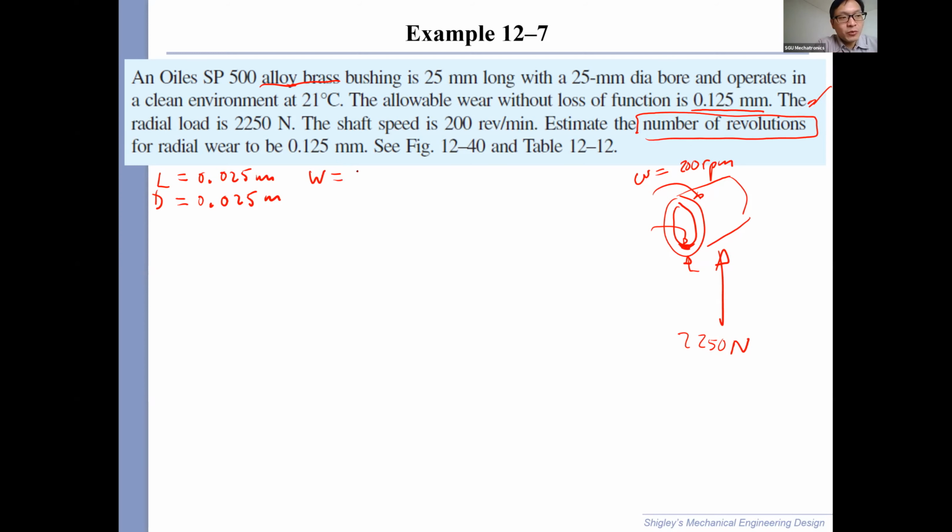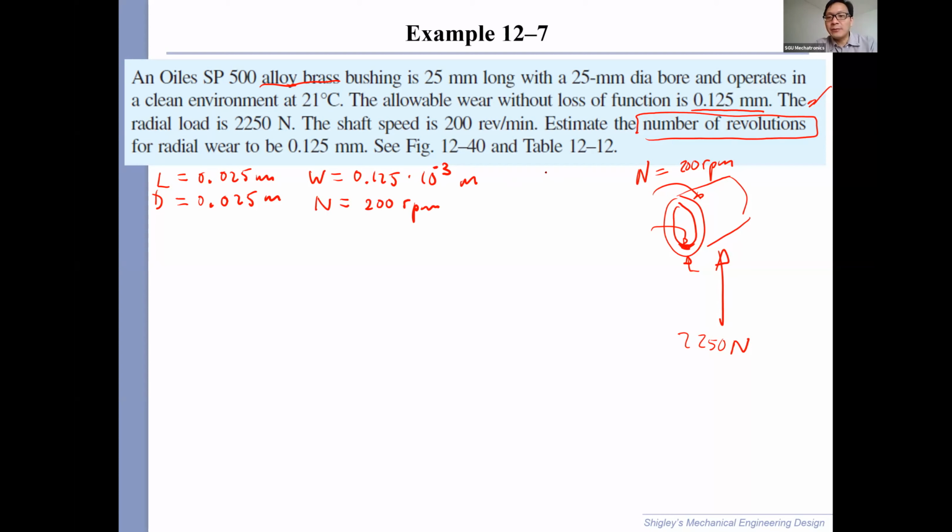The maximum wear is 0.125 millimeters, so 10 to the negative 3 meters. You have 200 RPM. I guess I should write N here instead of omega, because omega is usually given in radians per second.